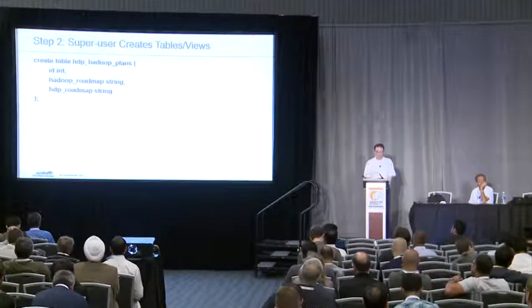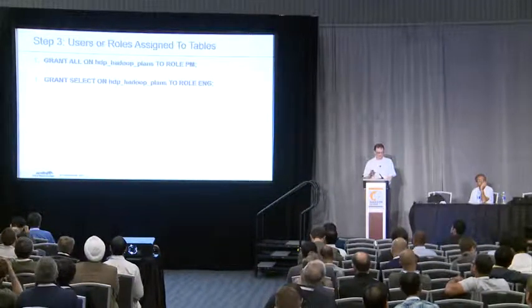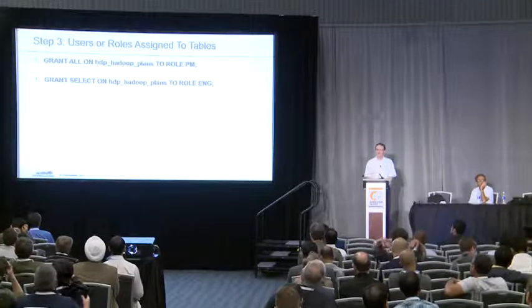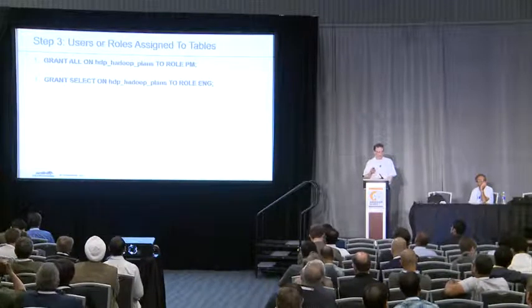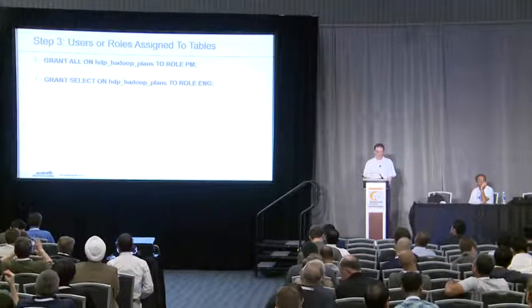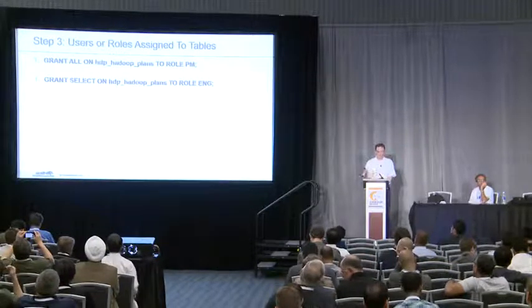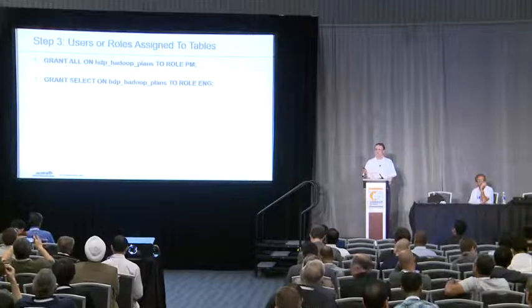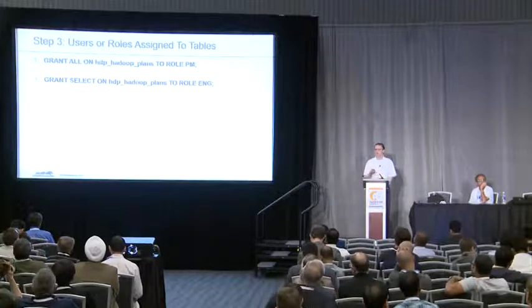Here's the creation of the table in question. And then here we see specific rights granted to the various roles. We're saying that the PM role can do anything to the table, and the engineering role is limited to select.